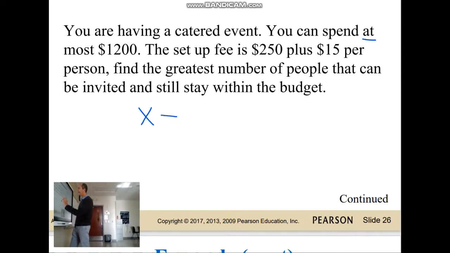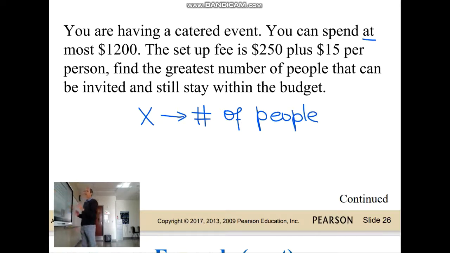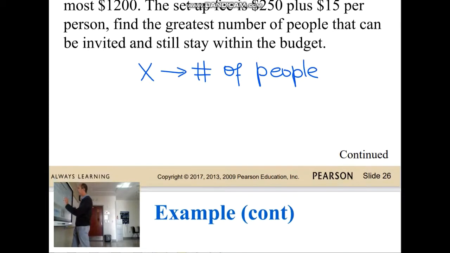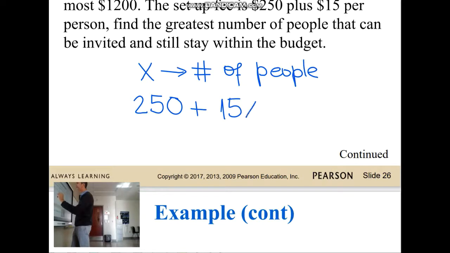Let's say x is the number of people. That means you will pay for this event $250, a one-time fee, you just pay it and that's it, plus $15 per person, 15 times x, right?